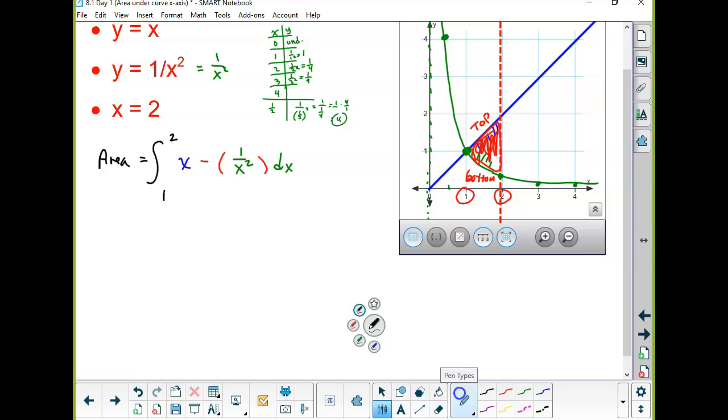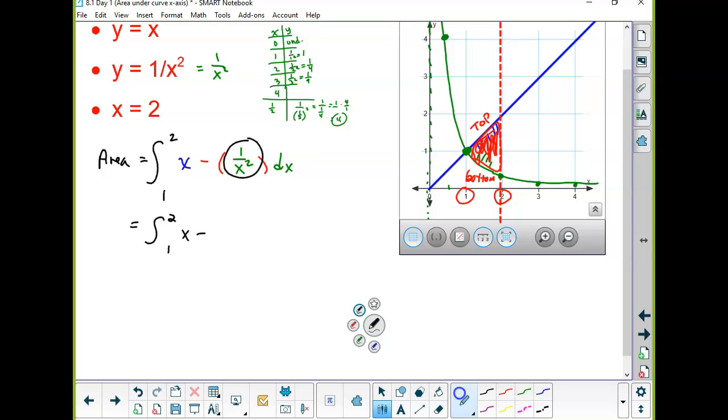We got that. Top function is the blue linear equation, y equals x. Bottom function is the 1 over x squared, and then we're subtracting. Now here we don't have any algebra or any like terms. The only thing I would do is I don't love the way that this part is written.